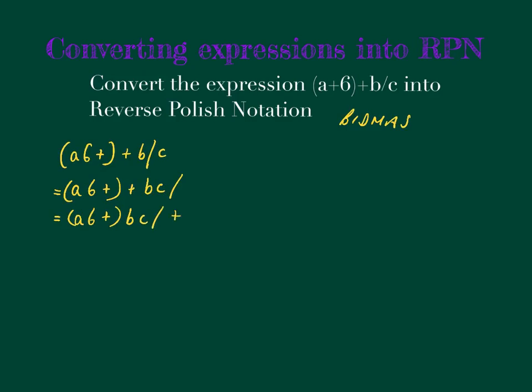And then move that second plus to the outside. Now, that could be our answer, or we could write it without the brackets for completeness. A6 plus BC divide plus. And that is how we turn this regular infix expression into reverse Polish notation.